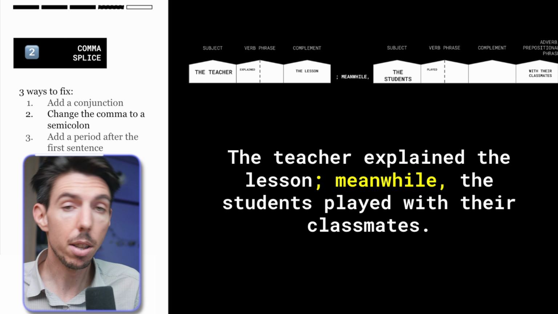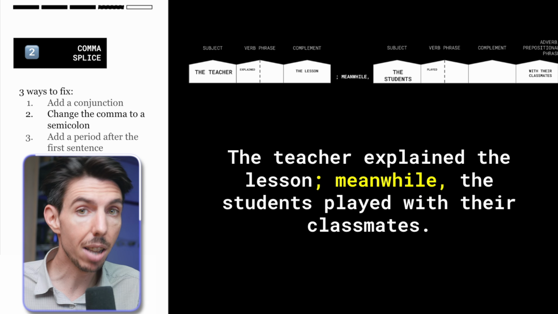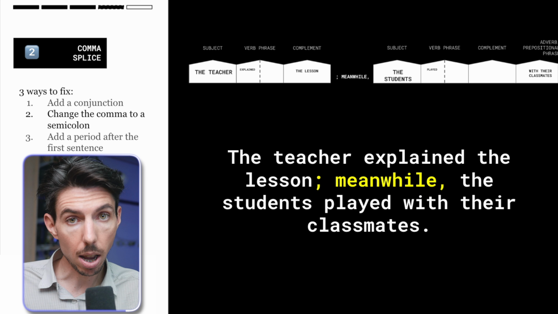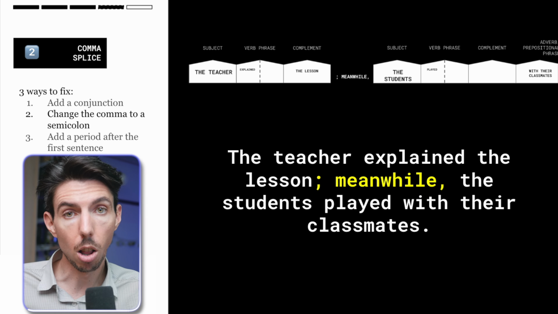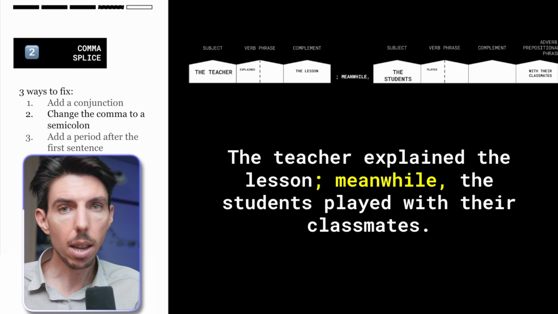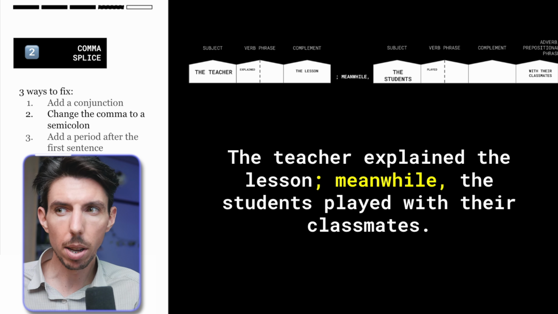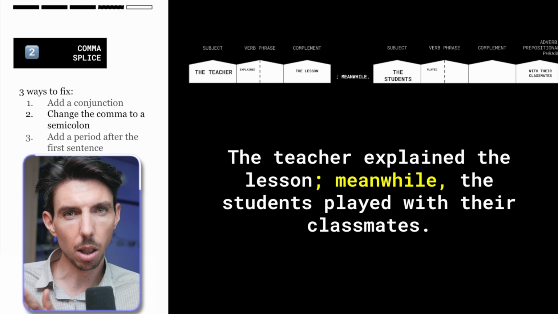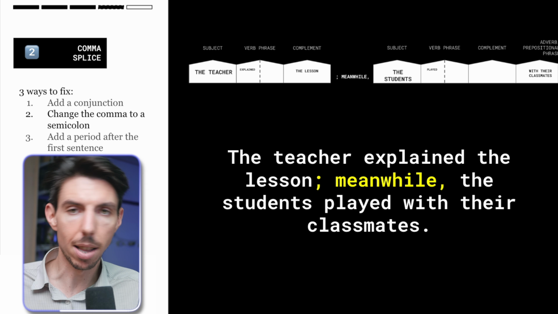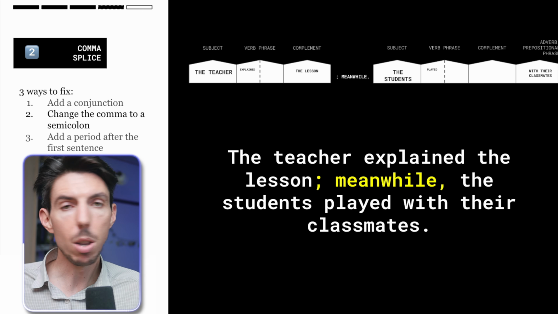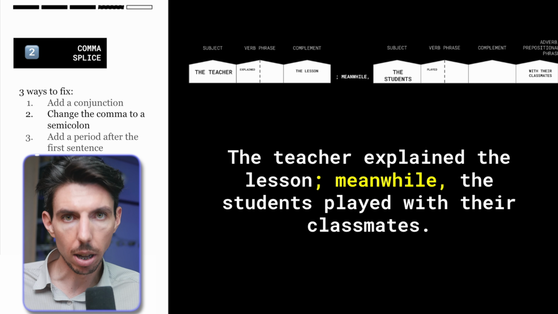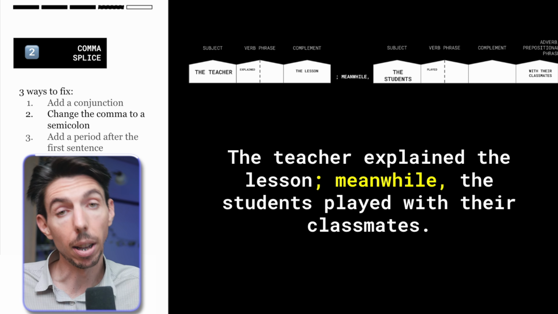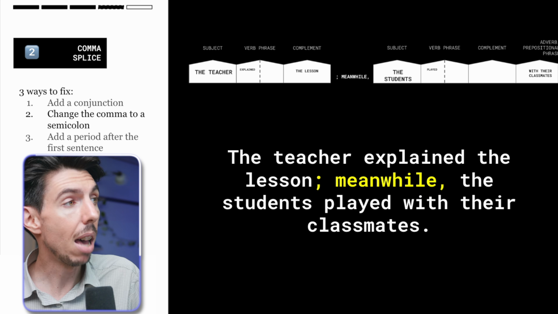Another way that you could do it is to change the comma to a semicolon. A semicolon is a way of joining two independent clauses. If we use only a semicolon, we're telling the reader, okay, these two independent clauses have some relationship, but maybe it's so obvious that I'm just not even going to mention it. If you want to tell the reader what kind of a relationship they have, you'll use an adverb like however or meanwhile, but the adverb is optional.